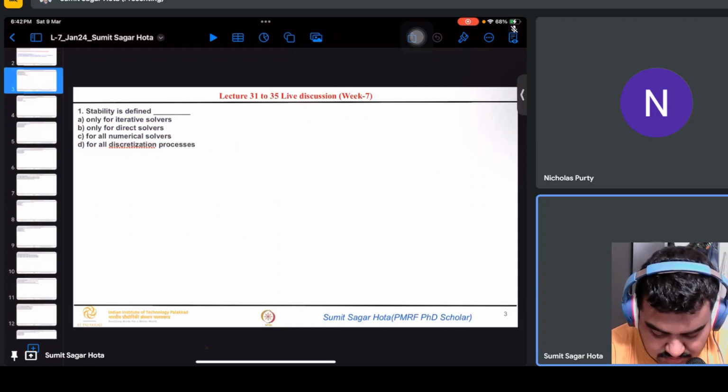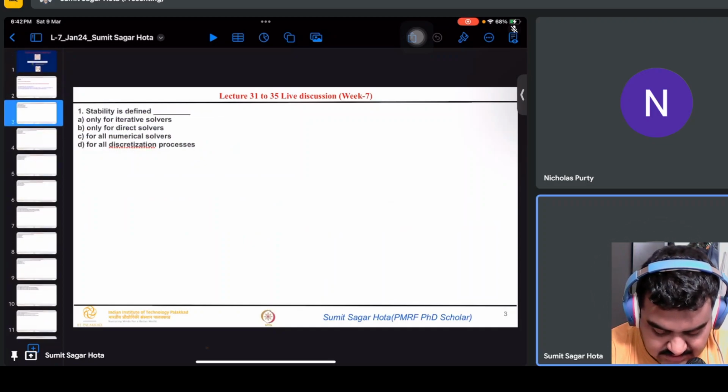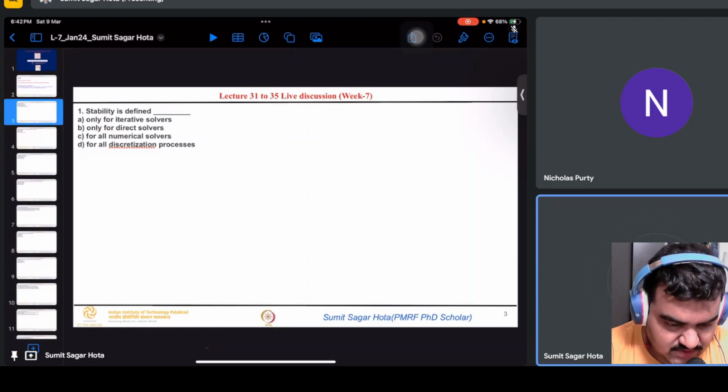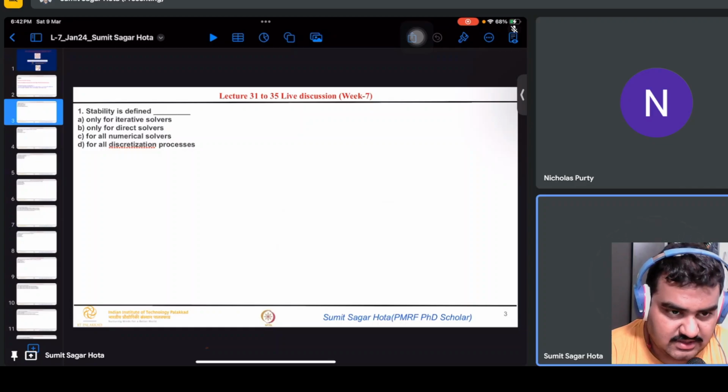Quickly go through the MCQ problems. I think this week and maybe next week also, the MCQ problems will be a basis for your subsequent lecture.